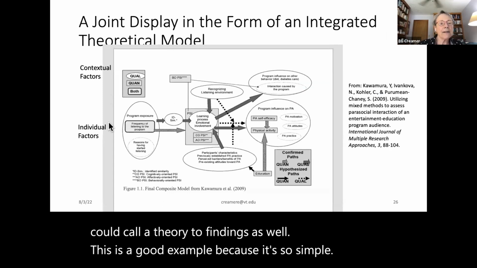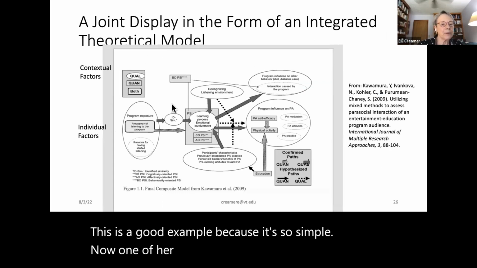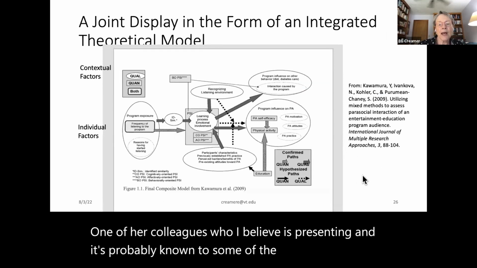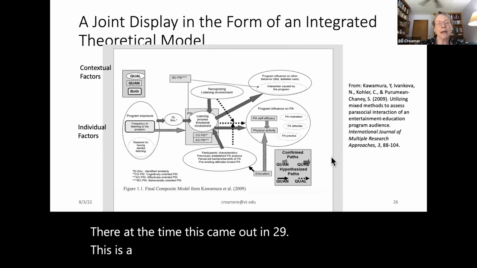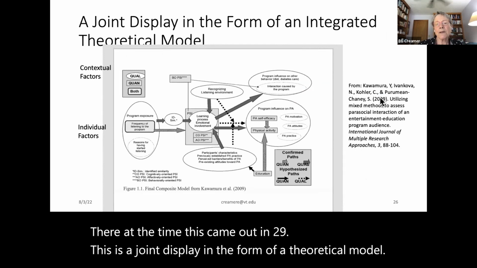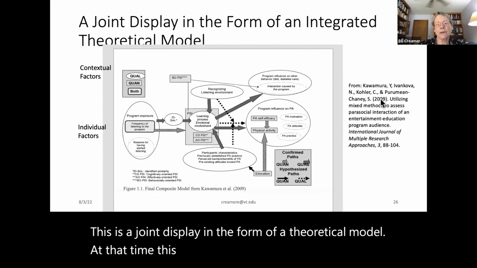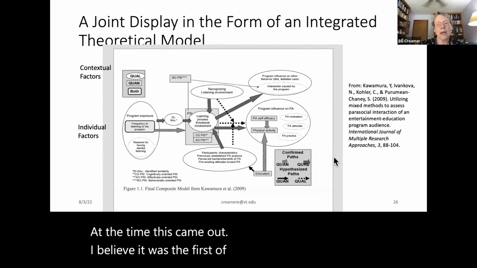Now, one of her colleagues, who I believe is presenting and is probably known to some of the people here, at the time this came out in 2009, this is a joint display in the form of a theoretical model. At the time this came out, I believe it was the first of its kind.